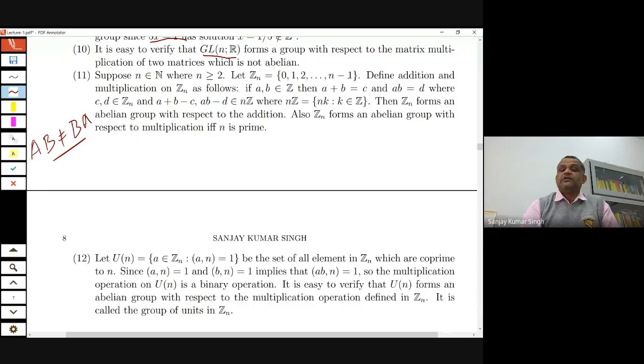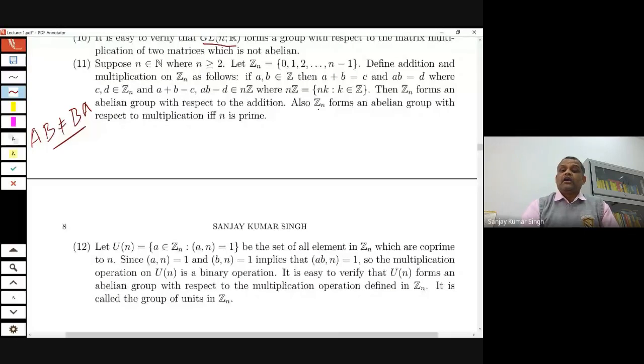On this set, I am defining operations such that if you have A and B in Z, then A plus B is by definition C, and AB is equal to D, where C and D are elements in Z n, such that A plus B minus C and AB minus D belong to nZ. That means A plus B minus C is divisible by n, and AB minus D is divisible by n. Then it is an easy exercise to check that on this set I have defined some operation, and with respect to this operation, this set forms a group.